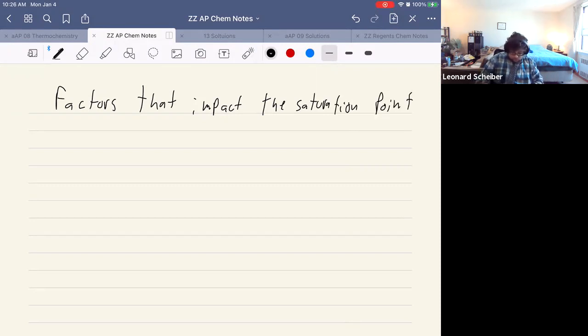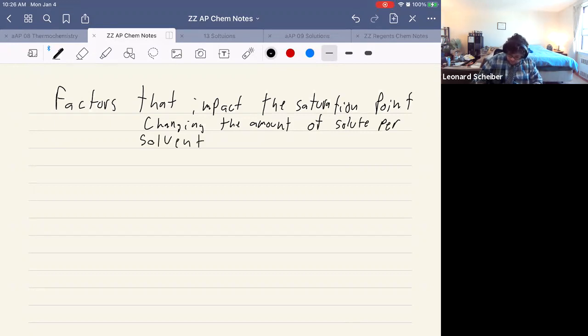And the first one, and when we say factors that impact the saturation point, this means specifically changing the amount of solute per solvent in a saturated solution. We could start changing the, let's say, changing the limit.